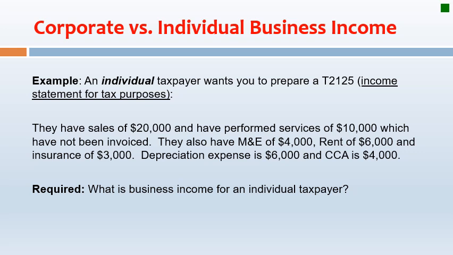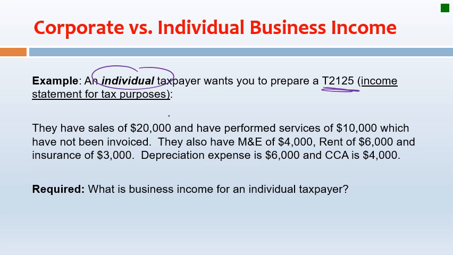So our example here, we've got an individual taxpayer, and they're coming to you to prepare a T2125, which, as you all know from your assignment, is basically an income statement for tax purposes, right? It's where business revenue and expenses are declared for tax purposes for an individual. So we've got some sales of 20 grand, and this is interesting here.